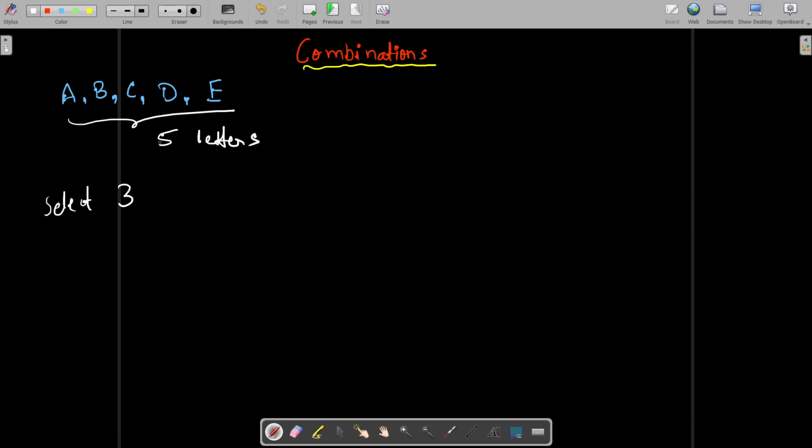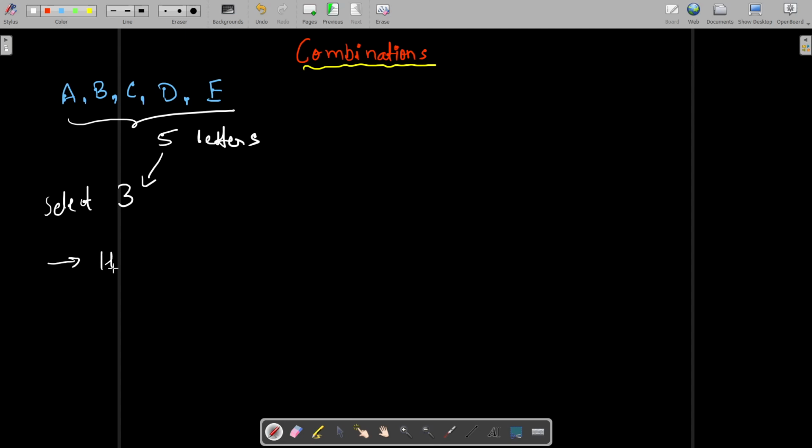So what are the number of ways of selecting three letters from five letters and then arranging them? Let me write this statement, it will be better.